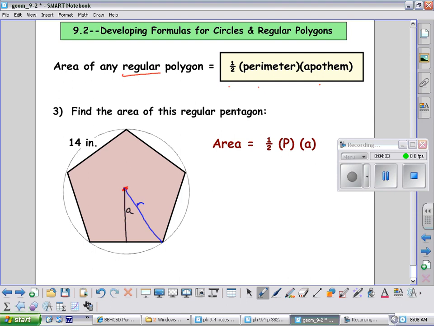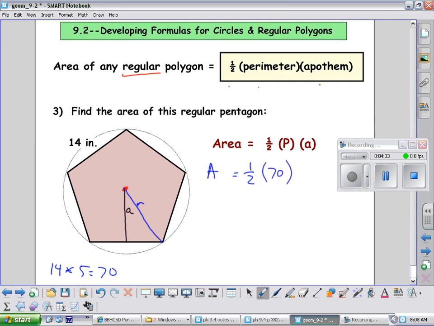So that pentagon is inscribed in there. If this side is 14 inches and it's regular, the perimeter is pretty easy. Area equals 1/2 times the perimeter. I got 14 times 5, which is 70, the distance around the figure.